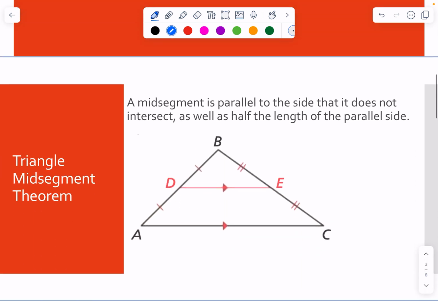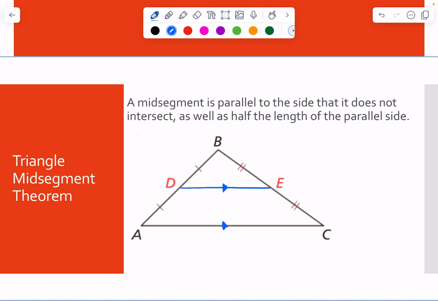Okay? Now, when we look at this, the triangle midsegment theorem simply tells me that it is parallel to the side that does not intersect, as well as half the length of the parallel side. So I know that DE is parallel to AC.